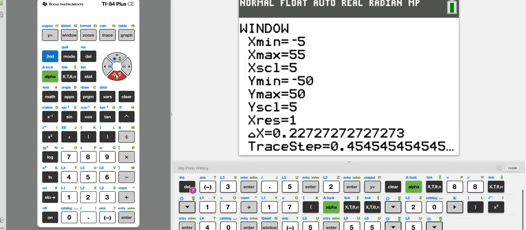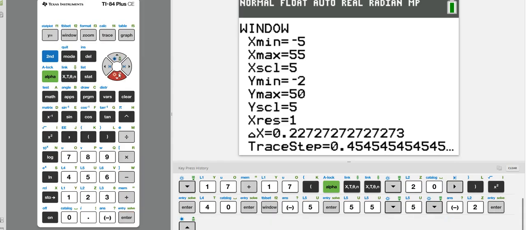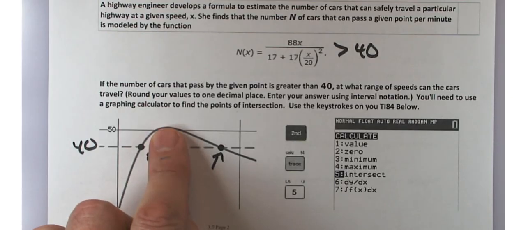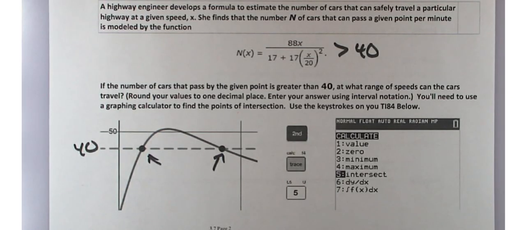Y scale, I don't need to see this below the x-axis, so if you want to, you can make a -2. That way you can actually see the x-axis. But we'll go up to maybe 60, which should work. And if you're curious as to why I'm getting the 60, this graph goes a little bit above 50. So that's why I'm going a little bit higher.